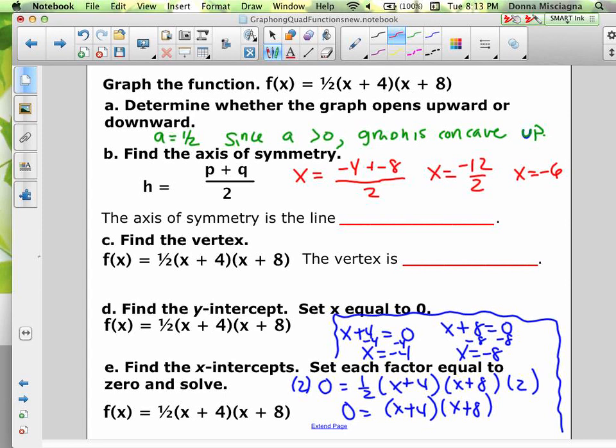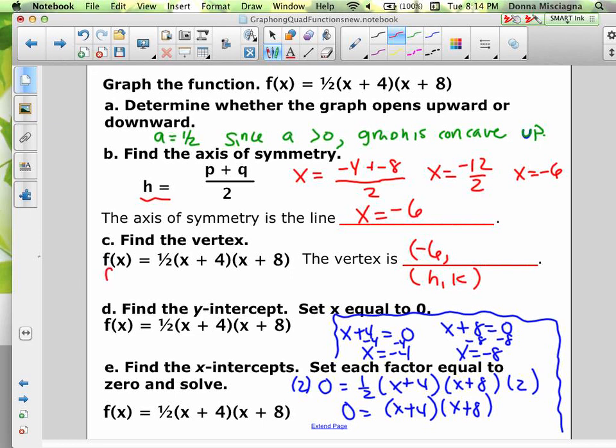So for our vertex, we use H, K, where H equals that axis of symmetry. The value that it goes through on the x-axis, because our vertex is on the axis of symmetry, is also the x-coordinate of our vertex. To find the y, you'll just plug into your equation.